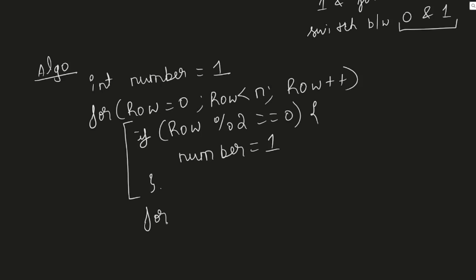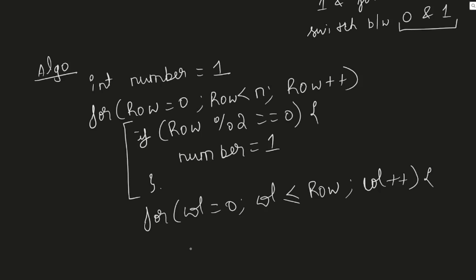We'll start the column loop from 0, goes till the value of row including row, column plus plus. We need to print a number first, the value of number, without new line characters. After printing a number, we need to switch between 0 and 1, right?